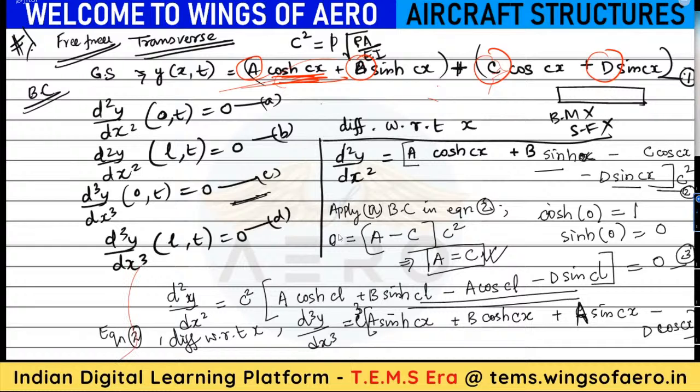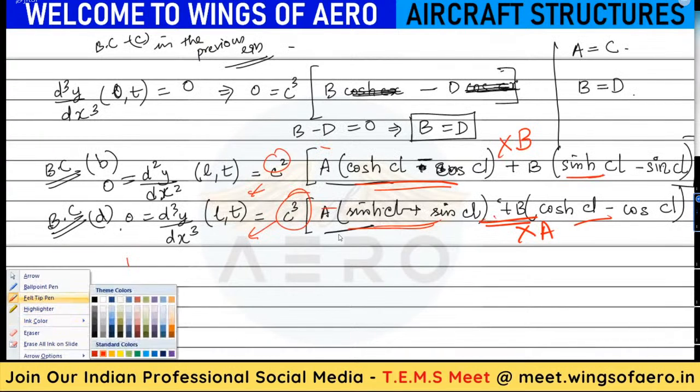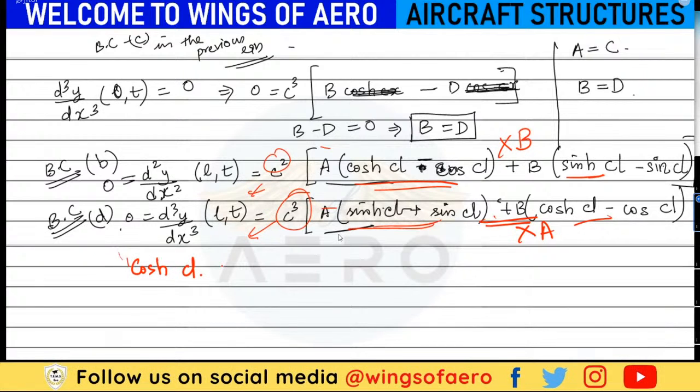Just tell me, I solved for 1 and I got this value. The relation between them is cosh CL into cos CL equals to 1.